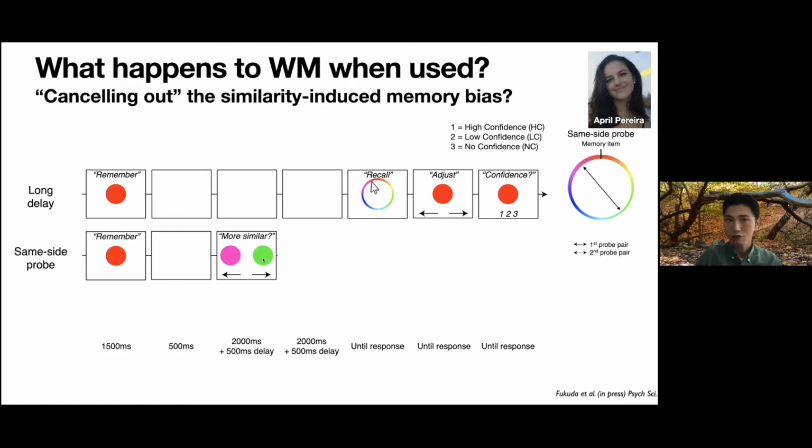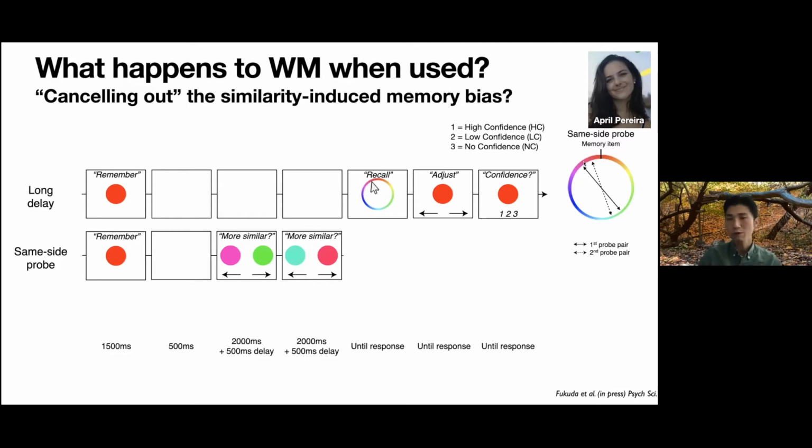After they make that judgment, we ask participants to do another perceptual judgment by presenting another pair. Again, if I plot how we selected this pair, you can see this dotted bidirectional arrow. As you can see, the physically similar probe in the second judgment was on the same side of the memory item as the first similar item.